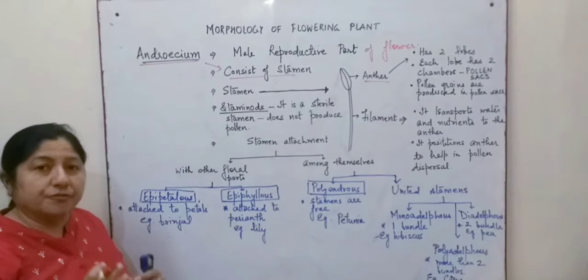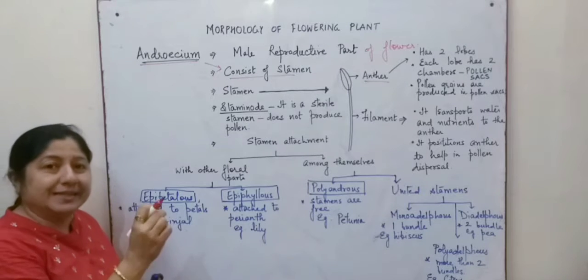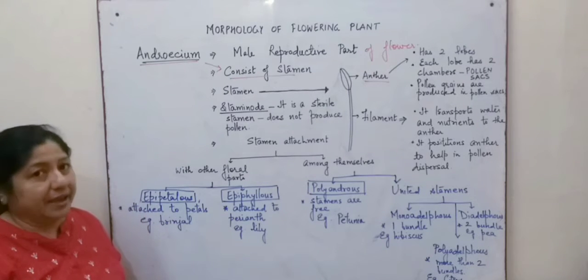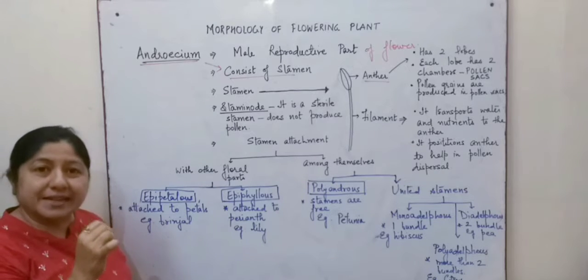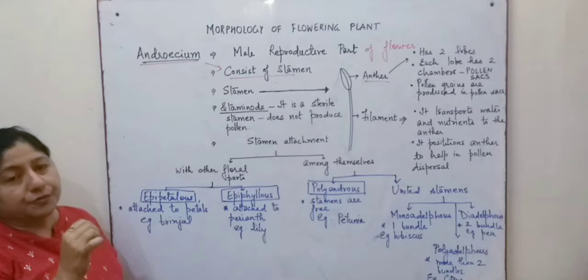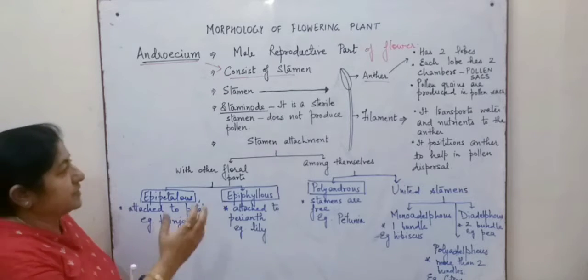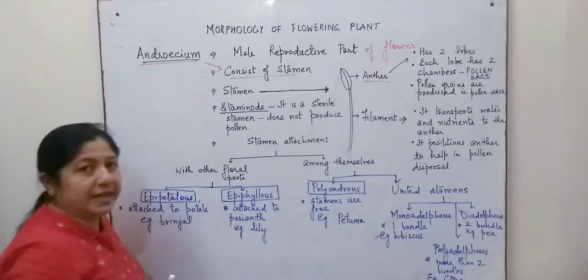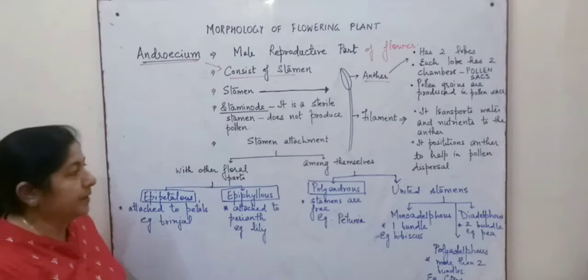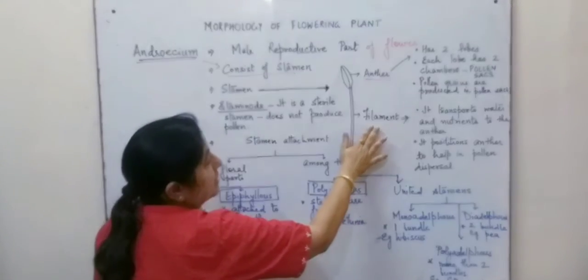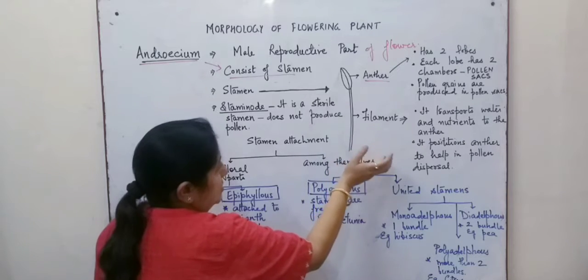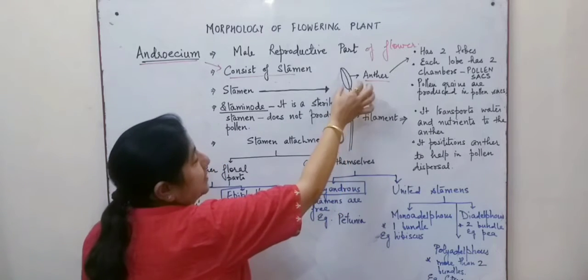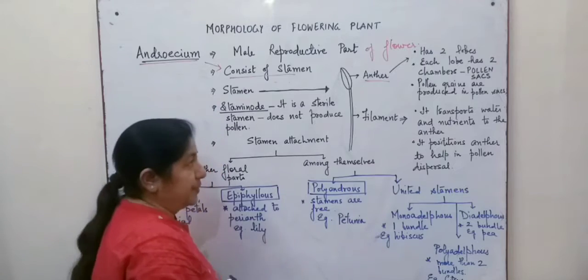So each of the filaments will lead or end up at the anther. The other end of the filament remains attached to the lower part of the flower, and we will study about how the stamen attachment will be there. That is a different topic. So here the stamen may remain attached to the different parts of the flower, or it may be attached among themselves itself, and it will always end up in anther.